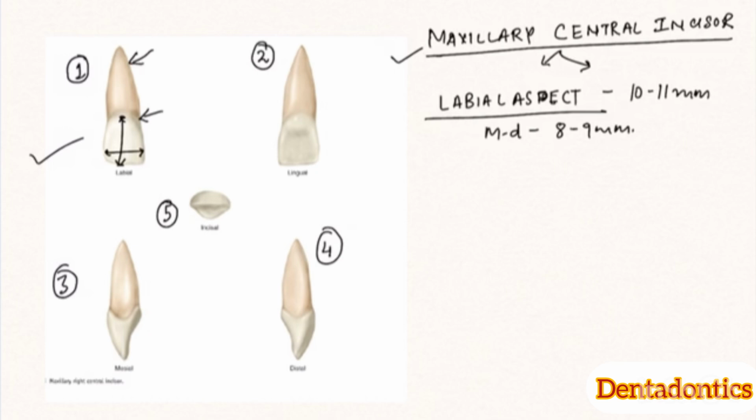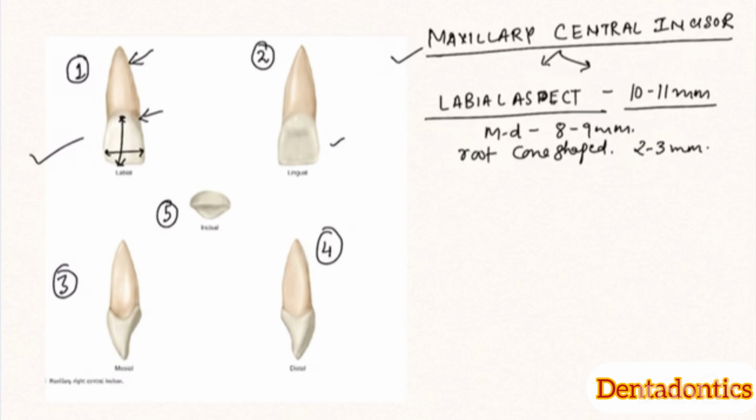Here you can see the root will be cone shaped, and the root length will be 2 to 3 mm longer than the crown, so usually around 12 to 13 mm. So this was all about the labial aspect.